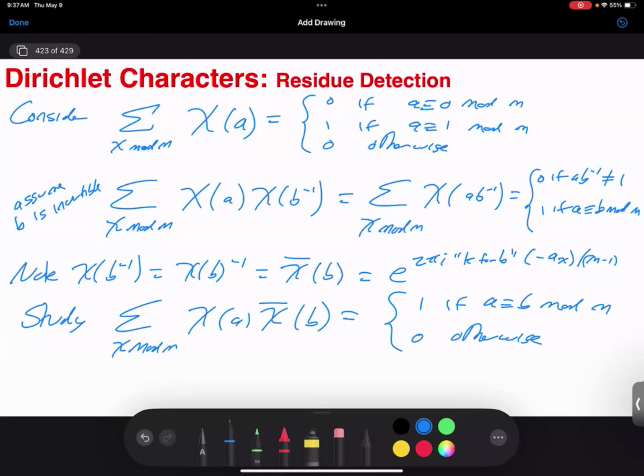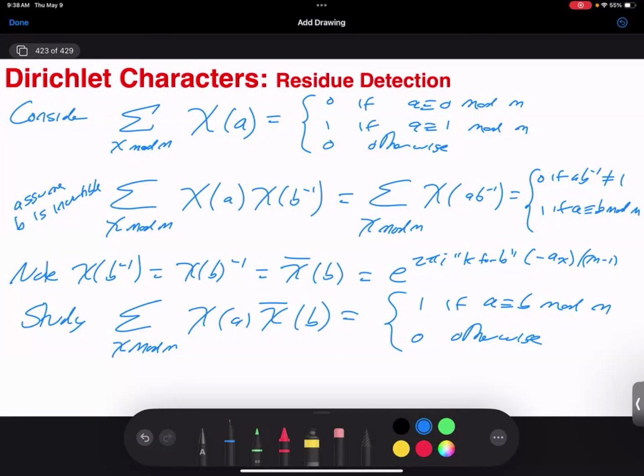What I'm just trying to show here is that we can use these group characters to detect when b is congruent to a mod m. It's okay if you don't understand all the details. This is looking at the forest today, trying to get a sense of what's out there. If you don't understand something completely, that's fine. If you don't understand something at all, let me know right now.